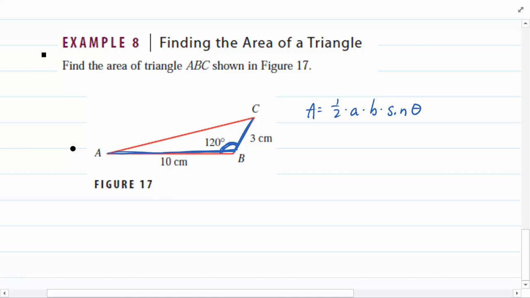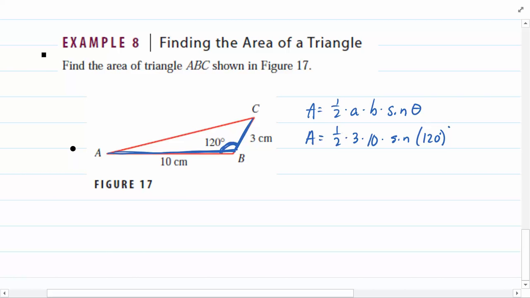So the area is equal to 1/2 times 3 times 10. And it doesn't really make a difference which side length you label as A or B because multiplication is commutative. And I'll multiply those three numbers times sine of theta. Theta in this case is 120 degrees.